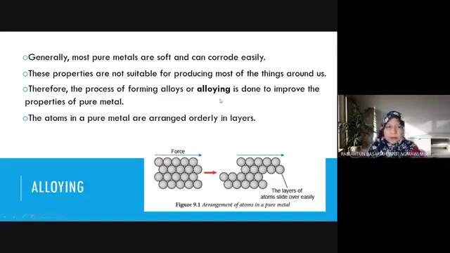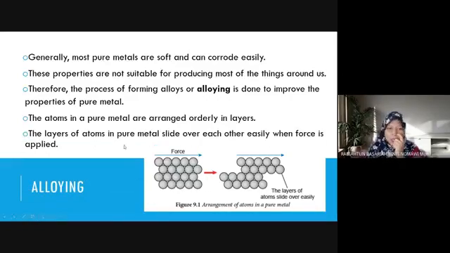The atoms in a pure metal are arranged orderly in layers. If you can see from this figure 9.1, the arrangement of atoms in a pure metal. In pure metal, atoms are arranged orderly in layers, so one layer sits on one layer, on another layer.